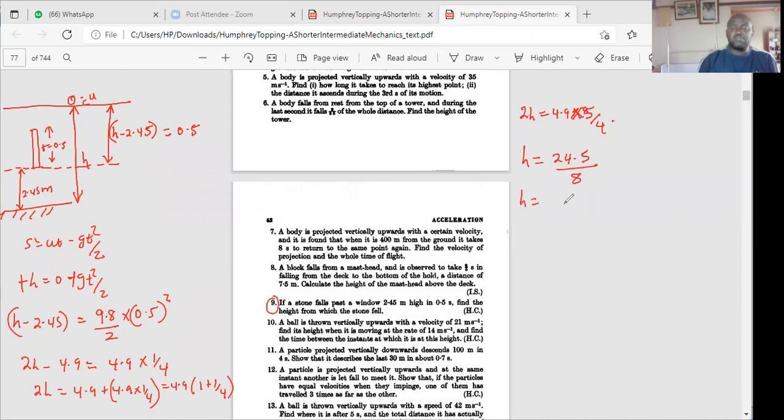Our h is going to be 3 point what? 3.0625 meters. Okay, so that was number 9.